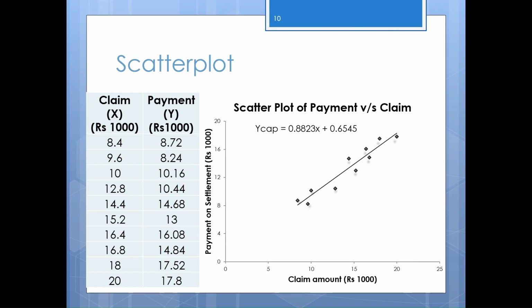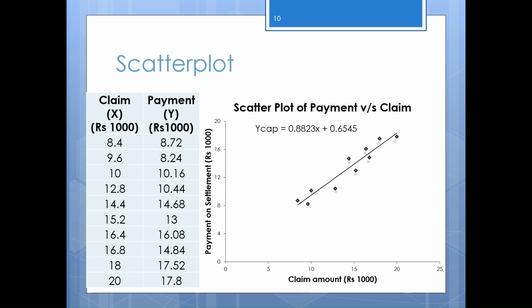You would rather stick to your sample and draw your conclusion only on your sample. But if you are testing beta equal to zero and you get beta not equal to zero, then it's okay. You may say that this regression coefficient is significant.